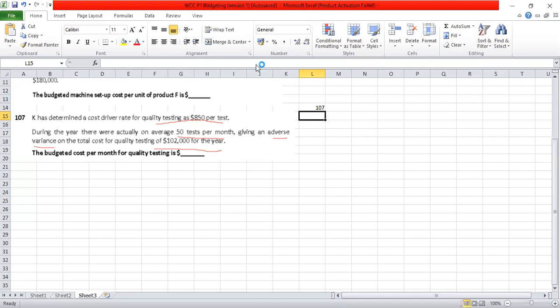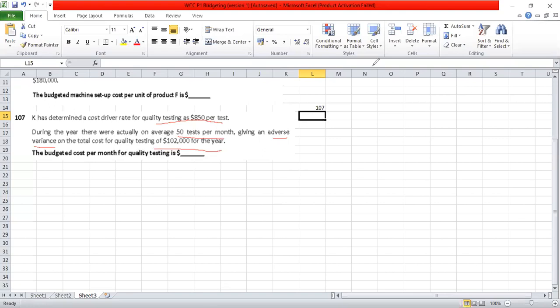The uniformity is missing, because 50 tests per month is what is mentioned and the total quality cost is given for the year. So let's first make that a per month cost, whatever is the amount of the variance on the total cost for quality testing of 102,000 for the year.